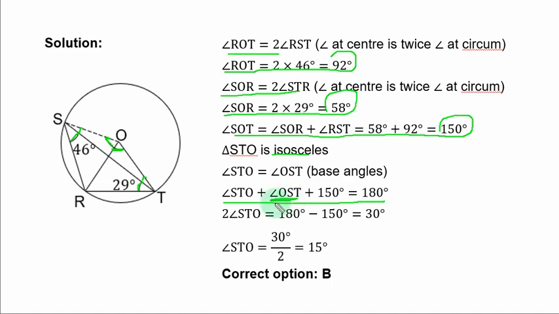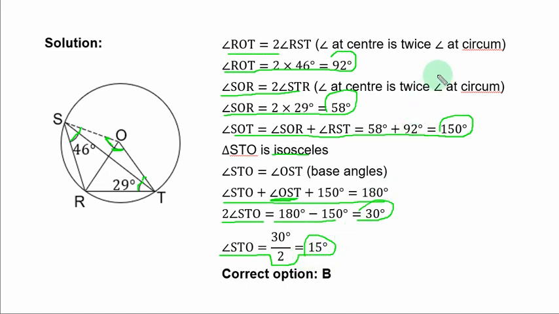If you add both, you have 2 STO equal to 180 degrees minus 150 degrees, and that is 30 degrees. To get STO, divide both sides by 2. So angle STO is equal to 30 degrees divided by 2, and that is 15 degrees.